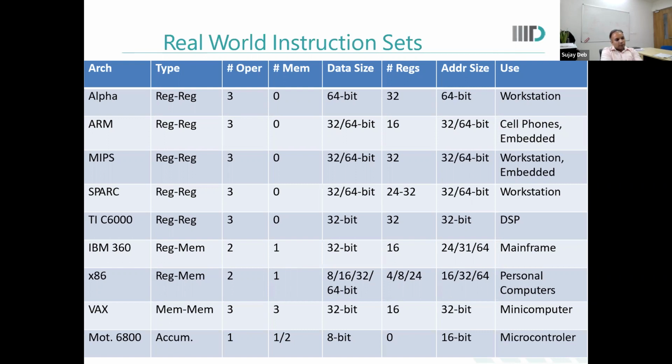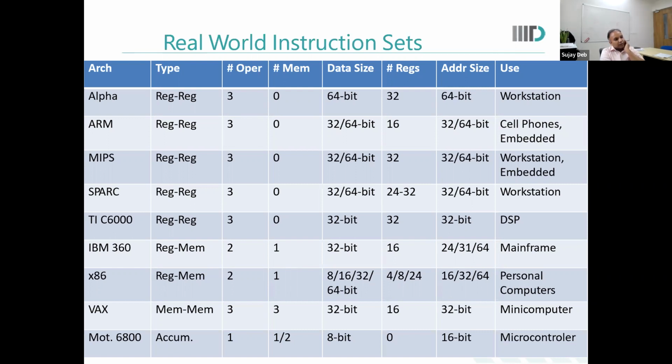Data size for IBM 360 is 32-bit, whereas for x86 it can vary from 8 to 64-bit. Register numbers for x86 vary from 4 to 24, and address size can vary among 16, 32 or 64. x86 is primarily used for personal computers, whereas IBM 360 is primarily used for mainframe computers.